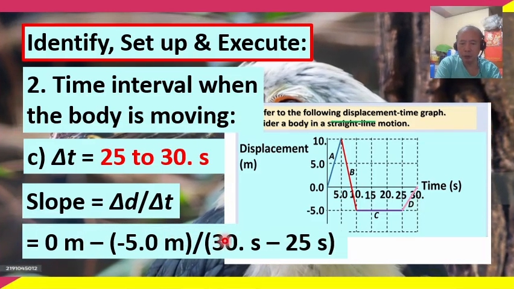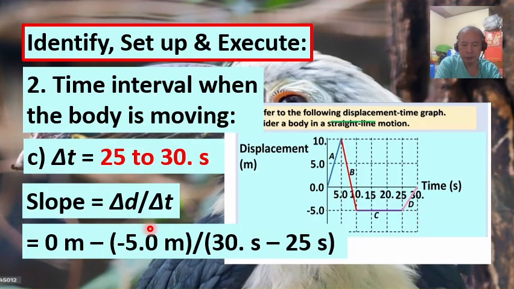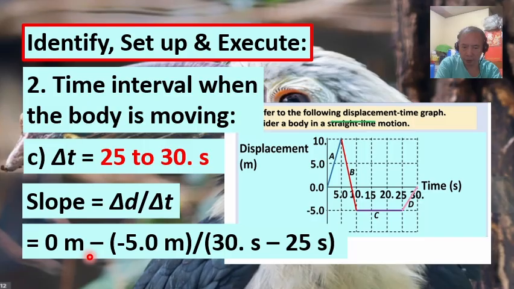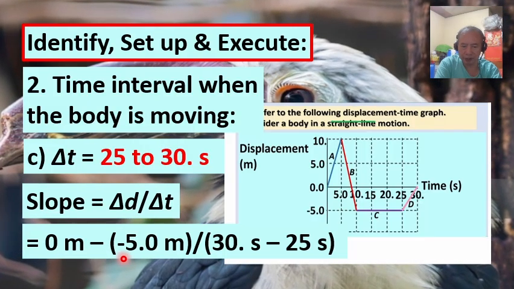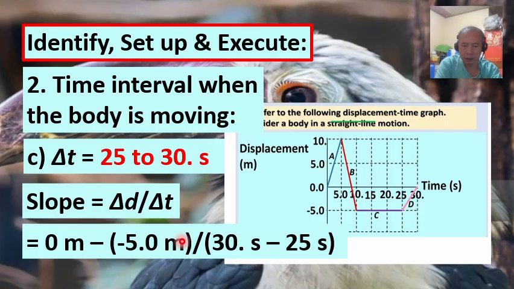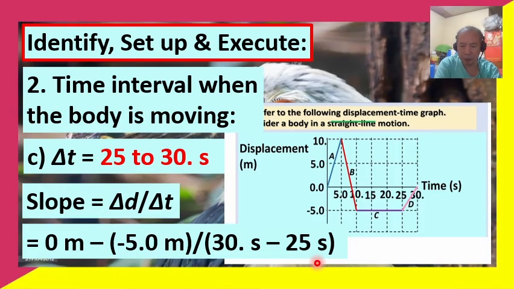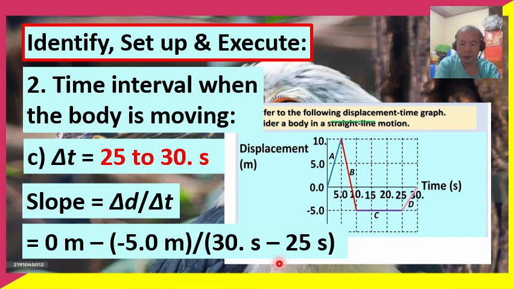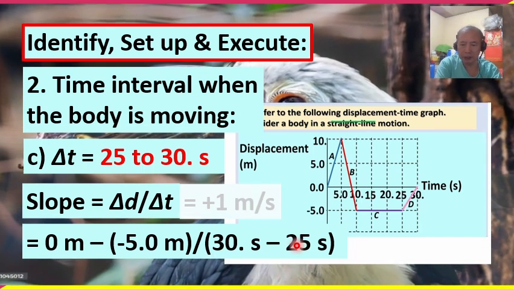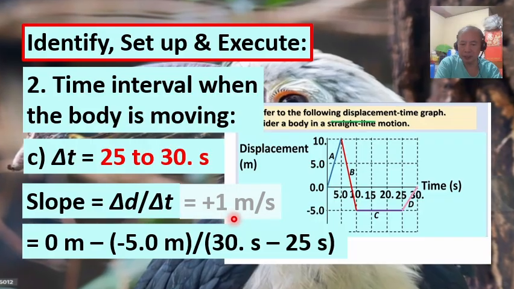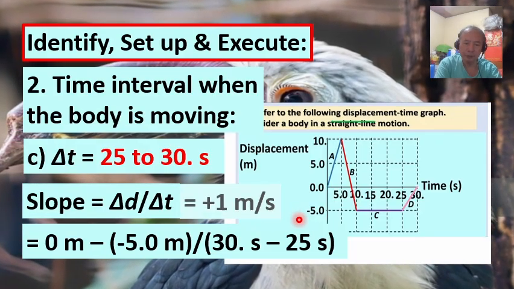Computing the slope of graph line D, we get delta d, which is 0 meters minus negative 5.0 meters, divided by delta t, or 30 minus 25 seconds. So when we do our math, we get the slope of graph line D equal to positive 1 meter per second in one significant figure.